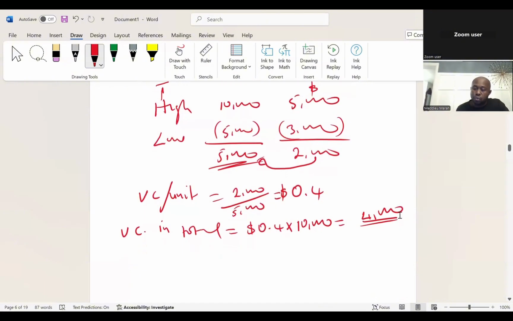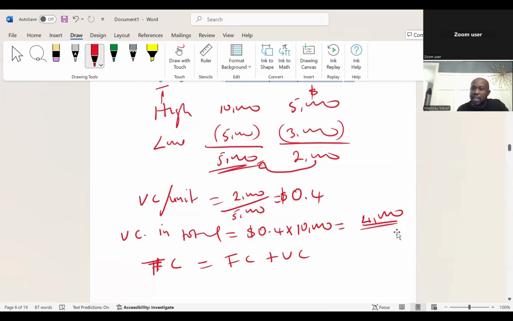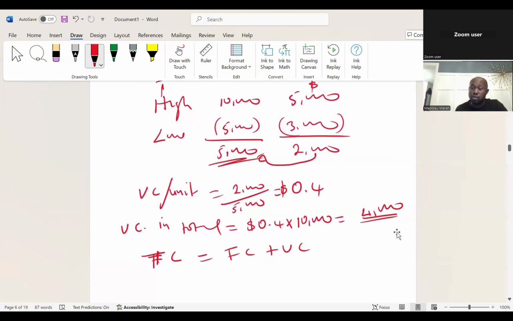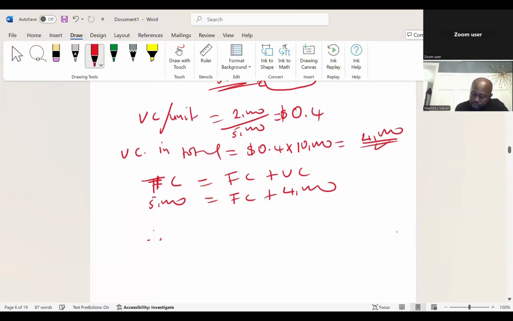Remember, total cost is equal to fixed cost plus variable cost. Because I use the high activity of 10,000, my total cost is 5,000. This equals my fixed cost, what I'm looking for, plus my variable cost of 4,000. So therefore, my fixed cost is equal to 1,000.